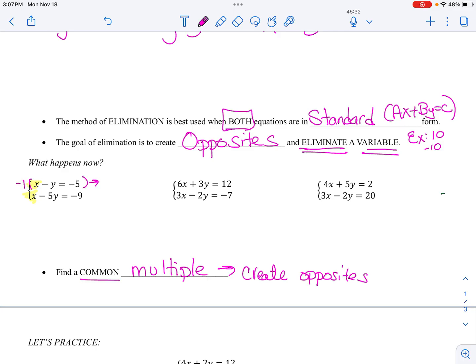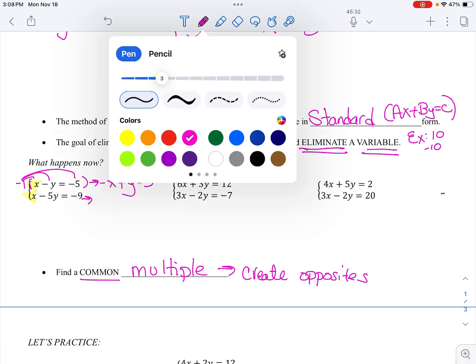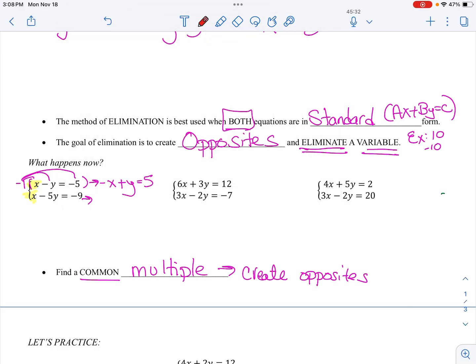If I multiply the top equation by -1, I end up with -x plus y, because I'm distributing, and then I also do it to the other side, equals +5. And then this one doesn't change, so I'm going to leave it exactly the way it is. x minus 5y equals -9. And by doing that, I created opposites, which means then when I add down, I can solve for y.